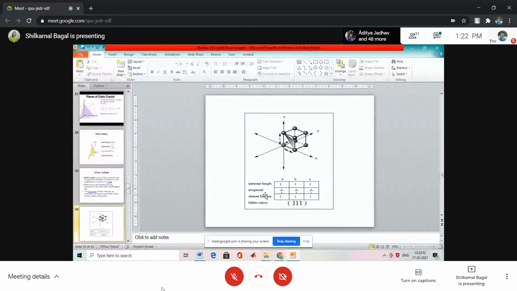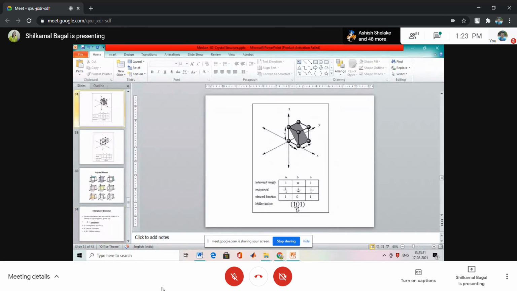Then reciprocals will be 1 by 1, 1 by 1, 1 by 1. Then by clearing these fractions into integers, this will become 1, 1, 1. And so the Miller indices of the given plane are 1, 1, 1.